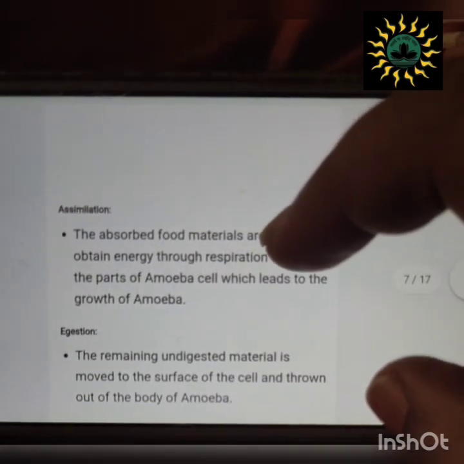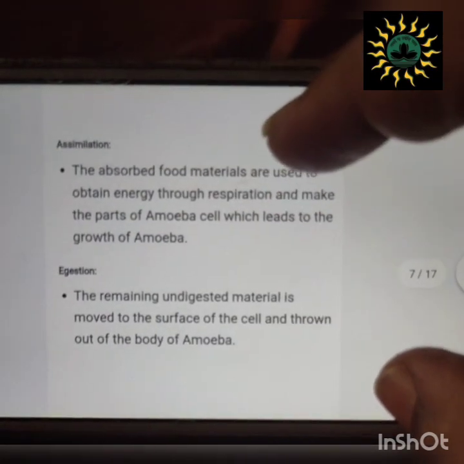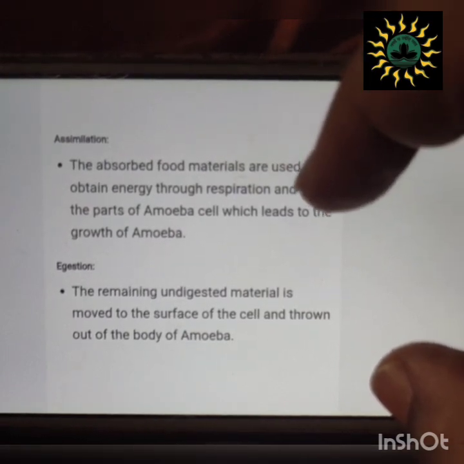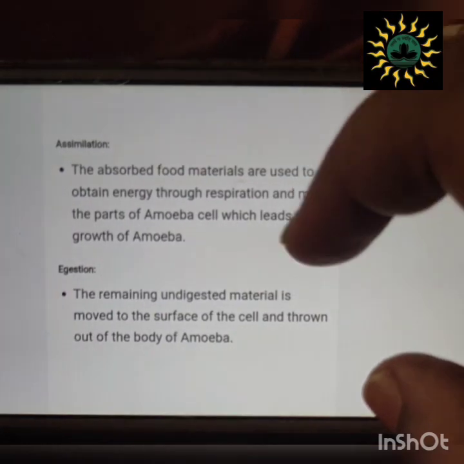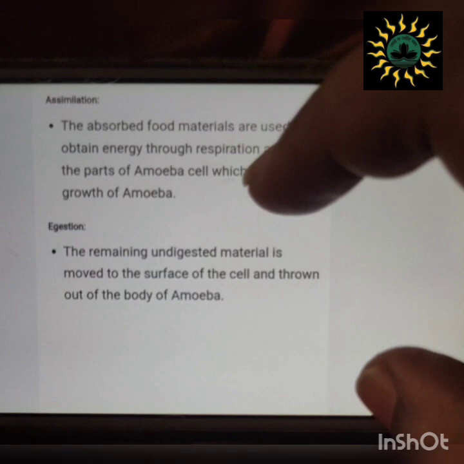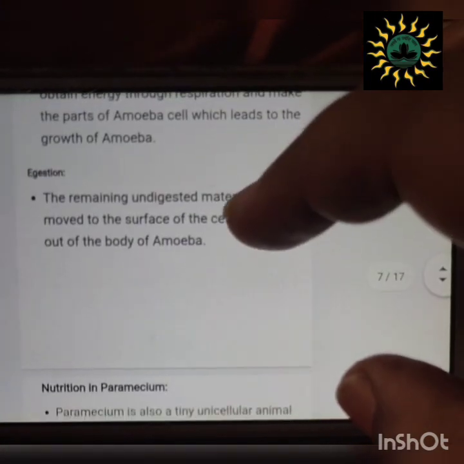Next, assimilation. That means the absorbed food materials are now used to obtain energy through respiration, and they will break down and oxidation will take place and energy will be released. And finally, by a vacuole called the contractile vacuole, the extra undigested material will be thrown out of the body of amoeba.